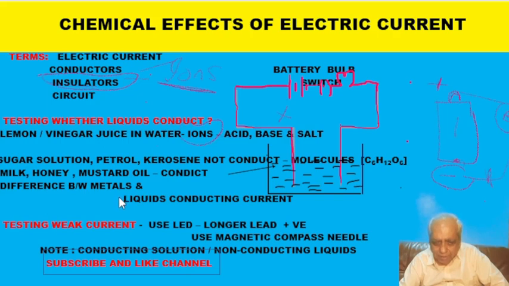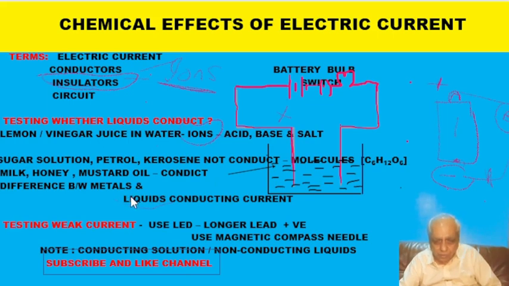Here ions move, and when the ions move, it means the substance which is made up of ions has separated into two ions, and the ions have moved, and now some other chemical reaction can also take place. So they are associated with a chemical change, because the material dissociates into ions, and the ions move.